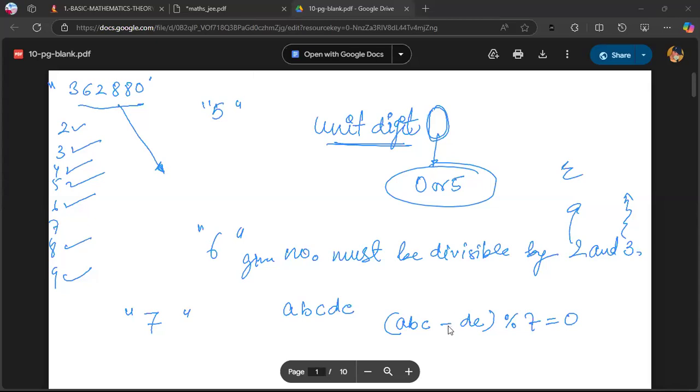So we have to multiply the last two digits by 2.